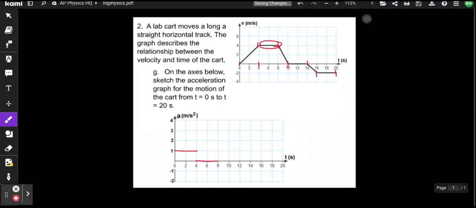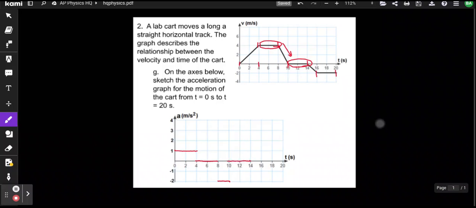And then from 8 to 10 seconds, we have a decreasing or negative slope of 4 over 2, which is going to be 2 meters per second squared. So negative 2 meters per second squared from 8 to 10. Once again, from 10 to 14, we have a slope of 0. This means from 10 to 14 seconds, our acceleration is 0 meters per second squared.